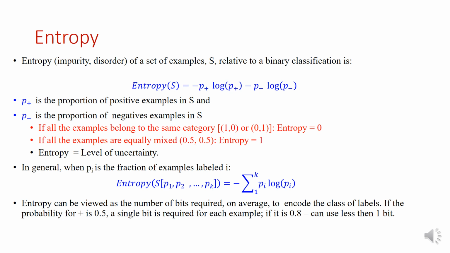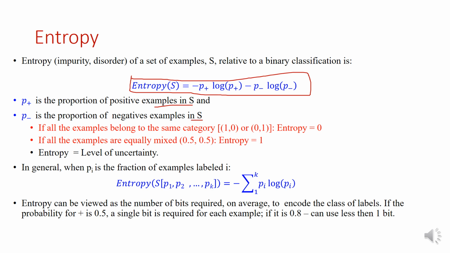So the entropy equation considers the positive and negative instances: this term is for the positive instances and this is for the negative instances. Here P plus is the proportion of positive examples in S, where S is some sample data set, and P minus is the proportion of negative examples in S.